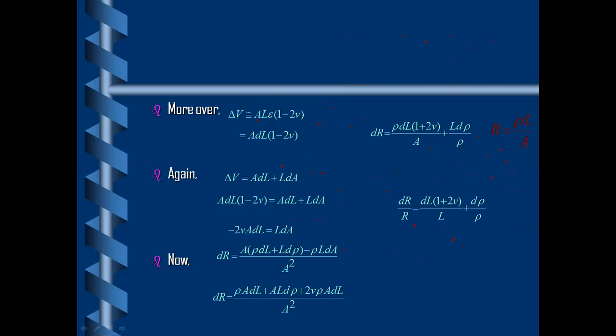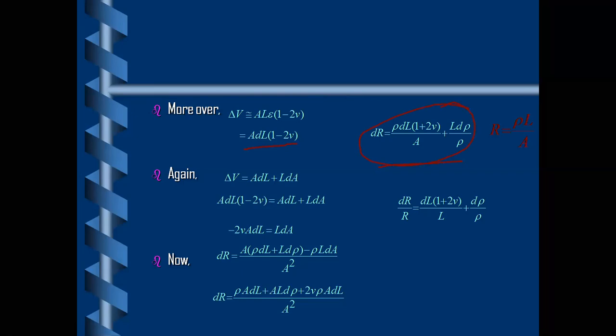Moreover, delta V is approximately equal, from the previous equation, to A multiplied by L epsilon (1 minus 2 mu), Poisson's ratio, which is even equal to A dL (1 minus 2 mu). And here we have derived that R is equal to rho L by A, and from this we are trying to differentiate this equation again, which we have derived previously.